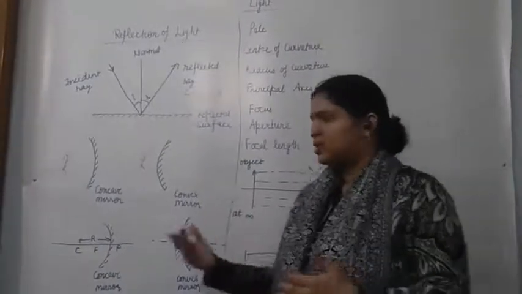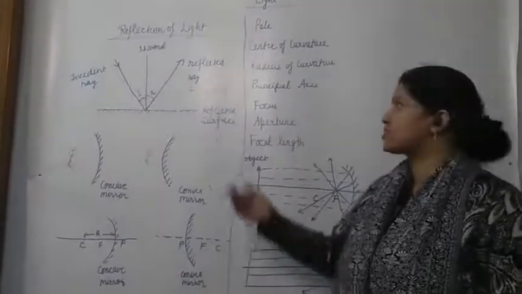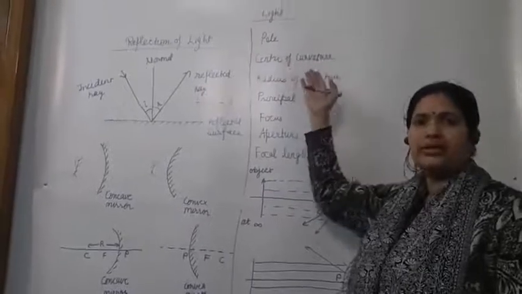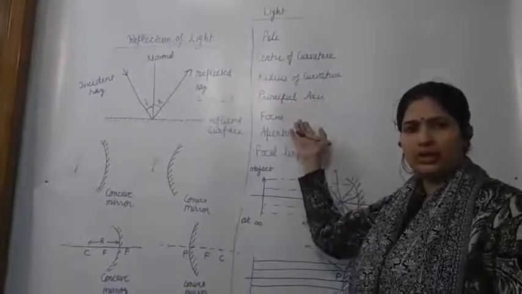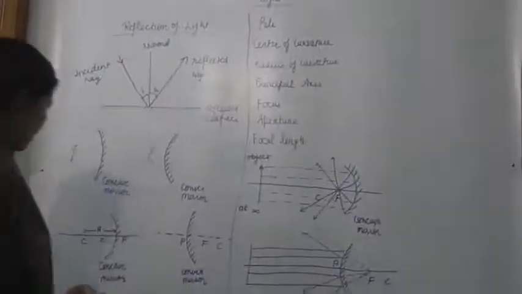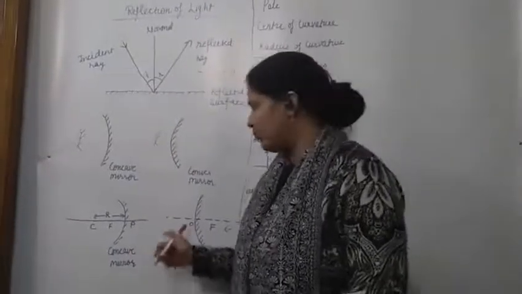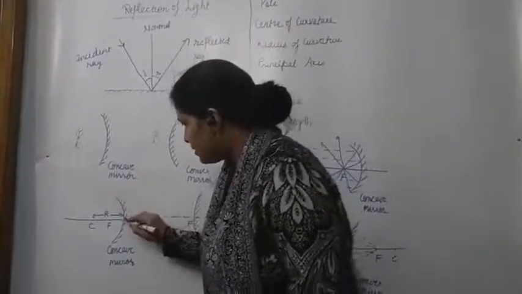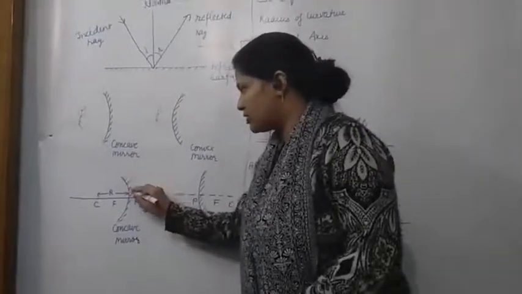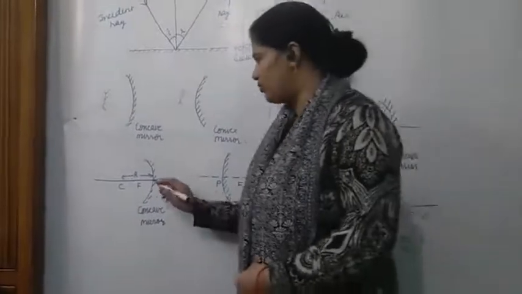Now, there are some basic terminologies used in these mirrors. Let's talk about these: pole, center of curvature, radius of curvature, aperture, focal length, focus point, etc. This is a concave mirror here. The center of this mirror along this side is defined as the pole of the mirror.